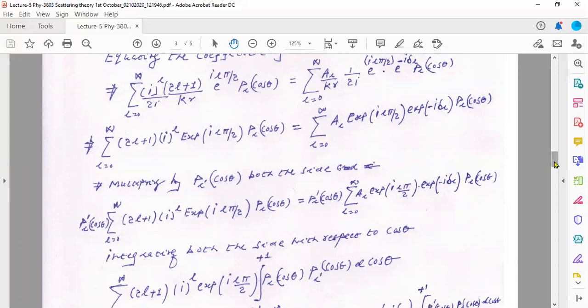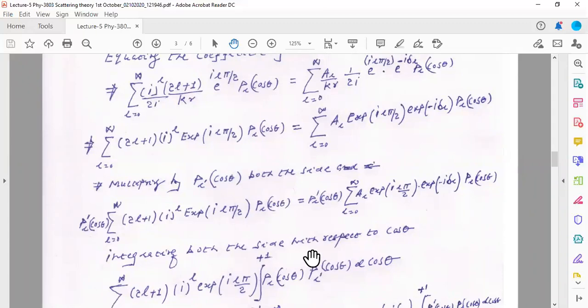So first I multiply by P_l' cos theta on both sides, and then I integrate both sides with respect to cos theta, because the argument is P_l of x. So you integrate with respect to x, where x is cos theta.